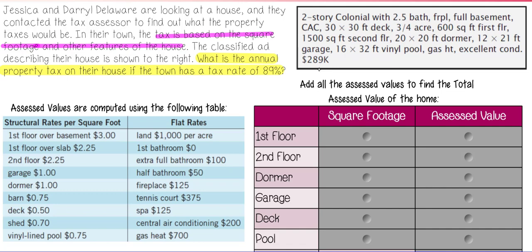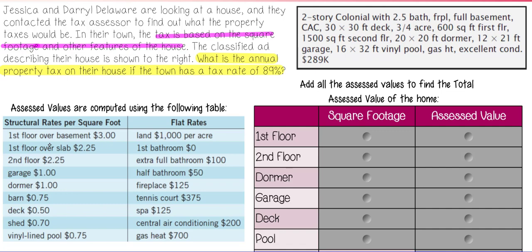So assessed values, they're computed using this table on the left side of your screen. And things that are structural, the rates are based on square footage. And some other features are based on flat rates by either how many there are, how many square feet, or what the acre count is. They're all different things. So let's go over this whole thing. So structural rates. First floor.